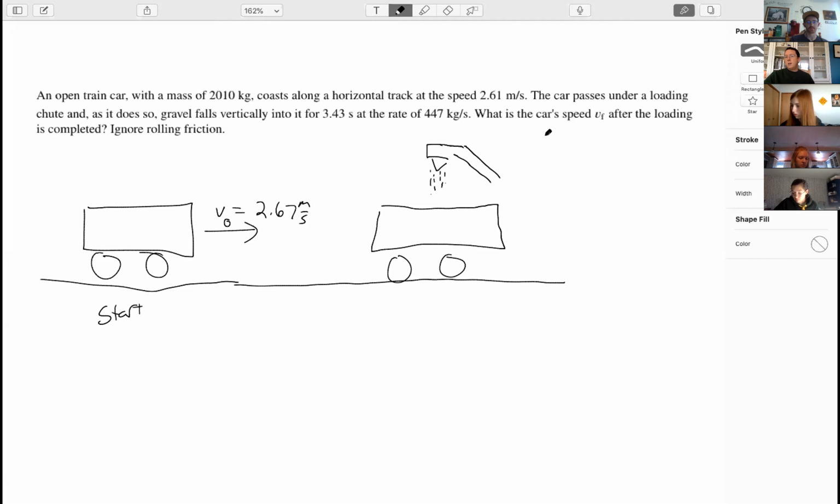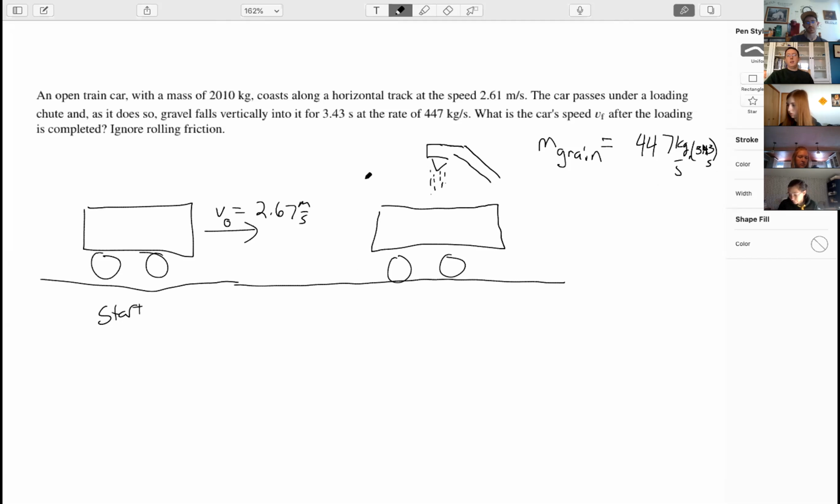So I know that the mass of grain, or whatever the stuff is, is going to be the rate that it's added times the time, times 3.43 seconds. Sorry, it looks terrible. Okay, so that's going to give me the mass of grain that's been added.